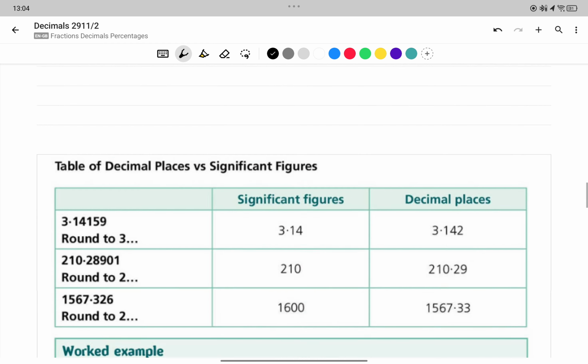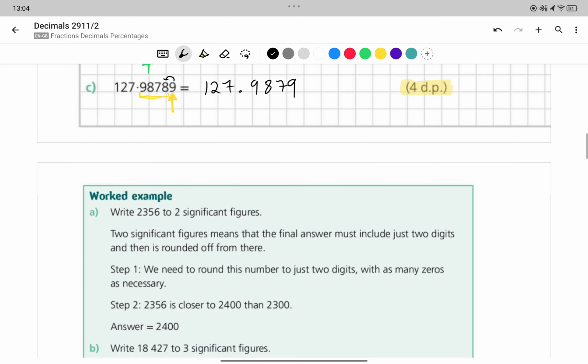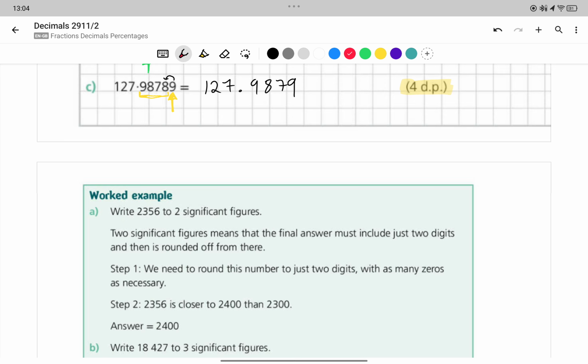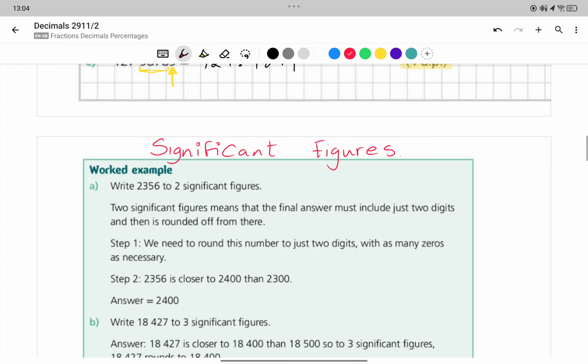Another topic then we have is significant figures. So that's your title. And we're going to read this together.